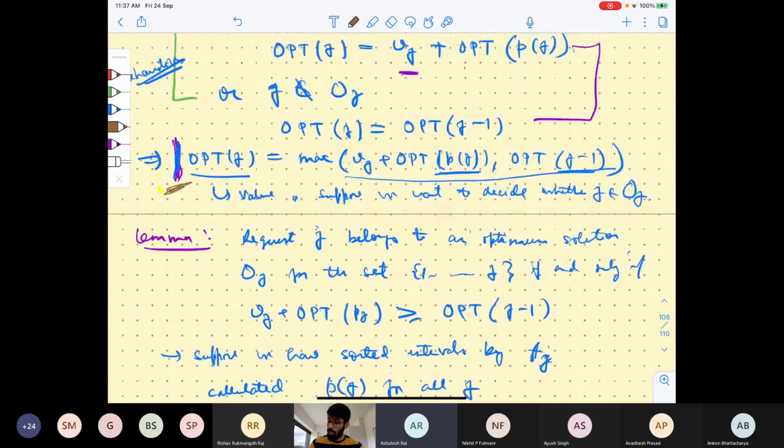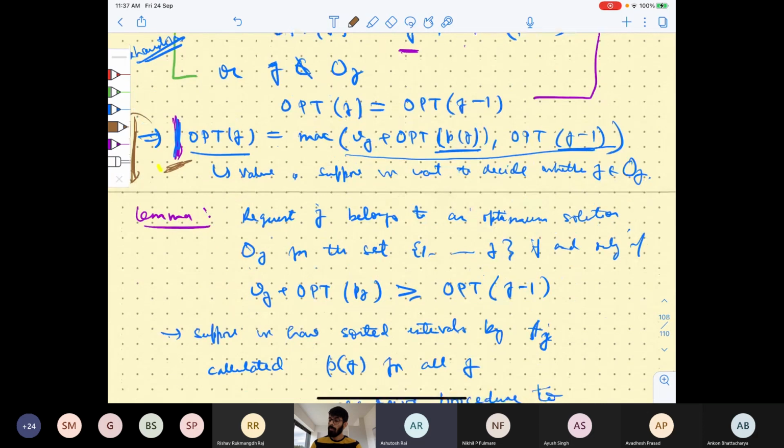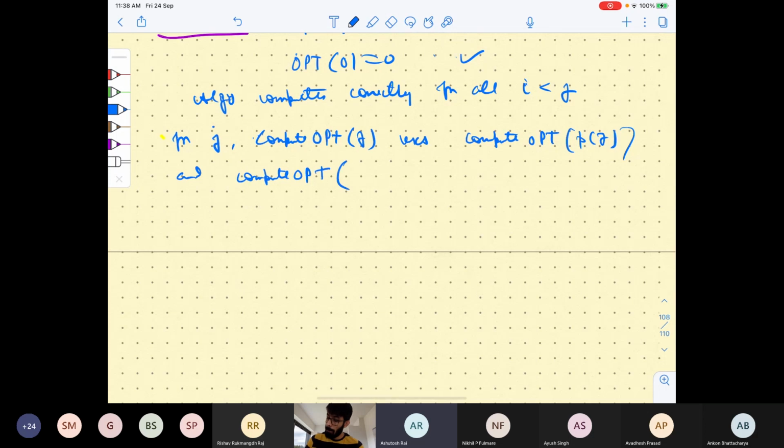So after you have shown this, the proof of correctness is just one line, right? Opt of j uses compute of j minus pj and compute of j minus 1, which by induction are correct.